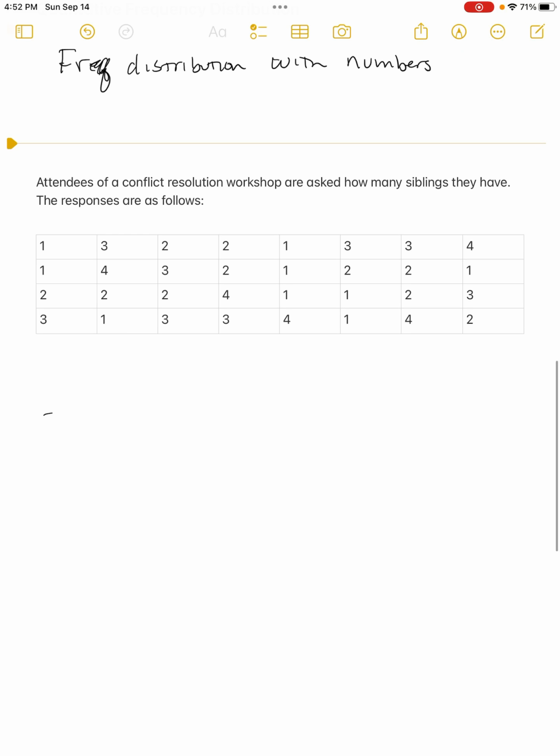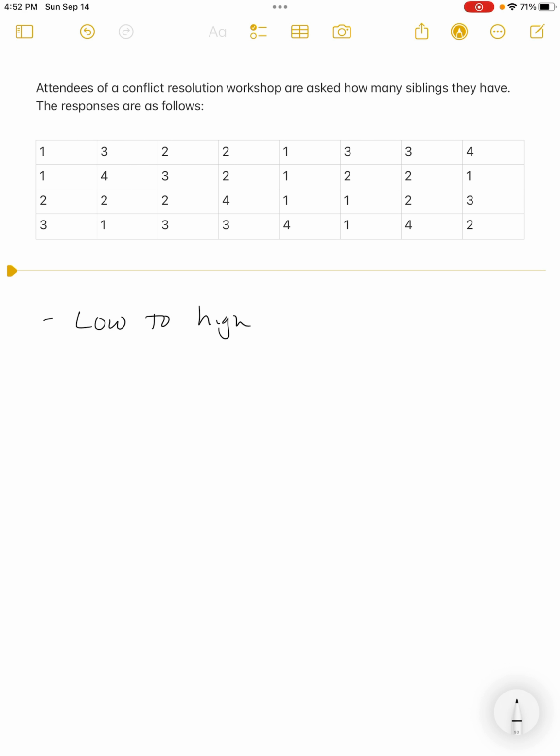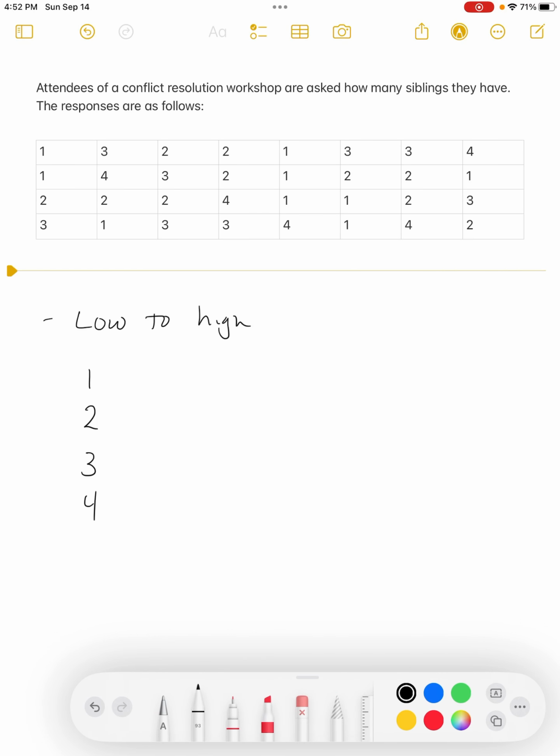Whenever it is given to you as numbers, we definitely want to go from low to high. So what's the lowest number that we see? We see a 1. And the highest number that we see is a 4. Now, even if there's not a number 3, which I know you see that there is, or a 2, we still list everything out in between the low and the high.